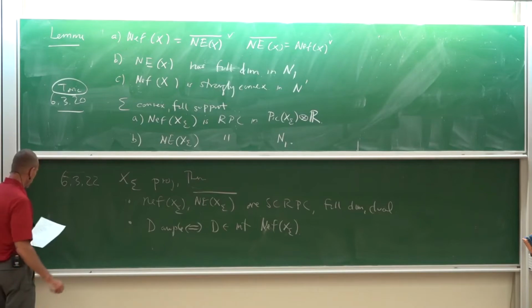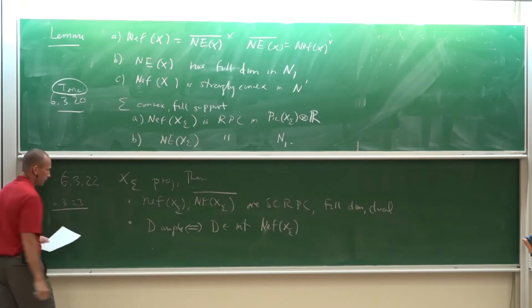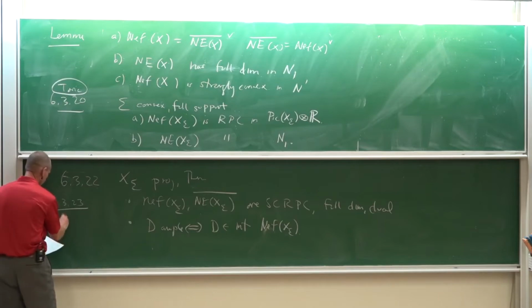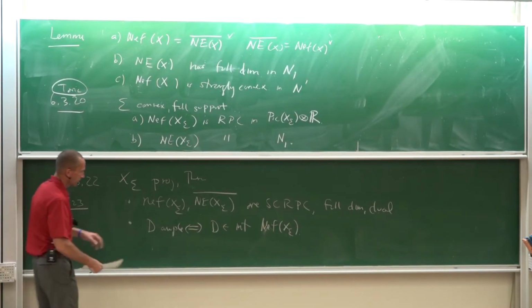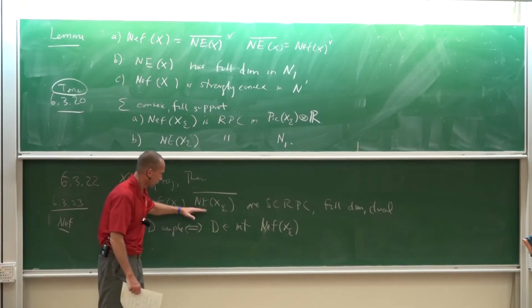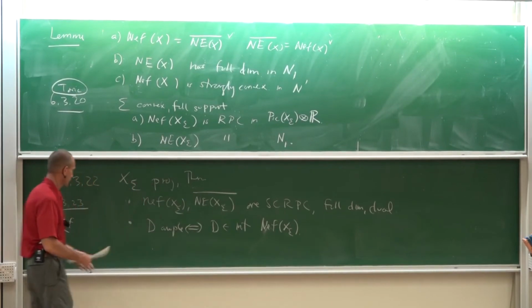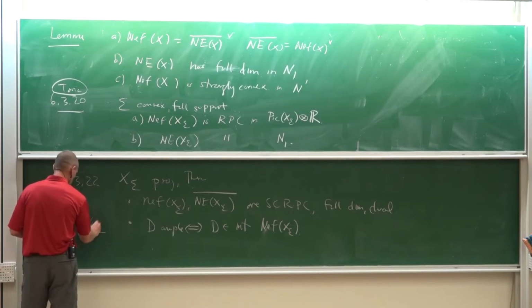So an example. I'm not going to justify it, but for 6.3.23, if we do the Nef and Mori cones for the Hirzebruch surface, the Nef cone, we've already seen this, right? From this theorem, we know the Nef cone is going to be the base point free divisors, and we've already calculated the base point free divisors on Hirzebruch, so we're going to have a picture that looks like this.